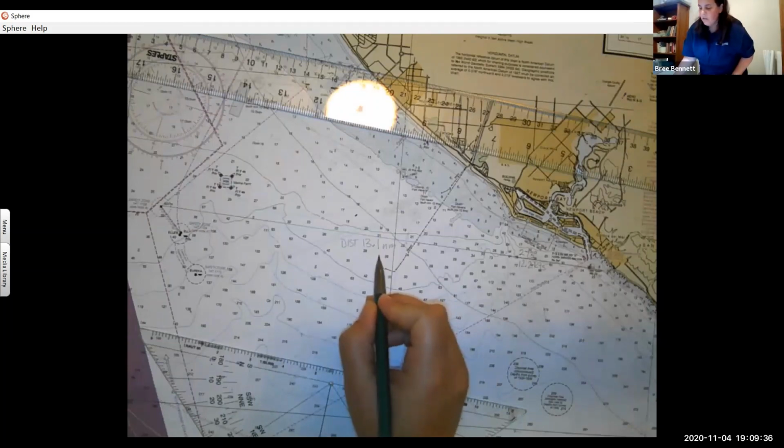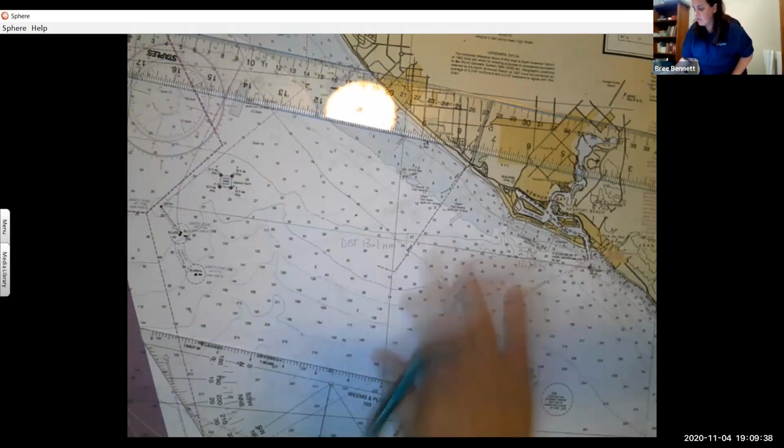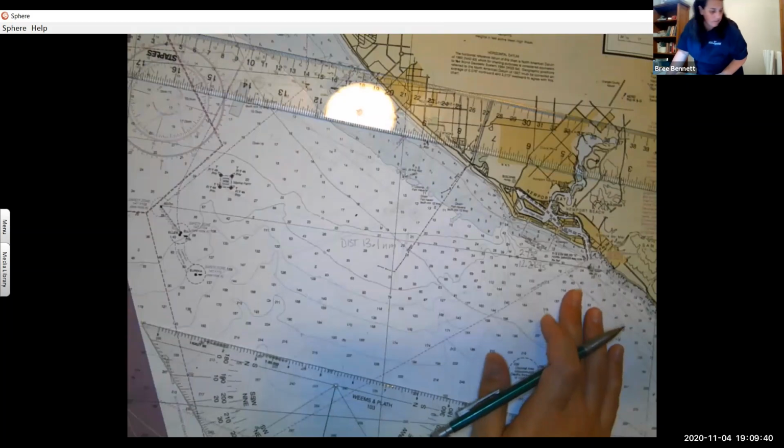Okay, so this is just our basic Coastal Nav 1 stuff so far.